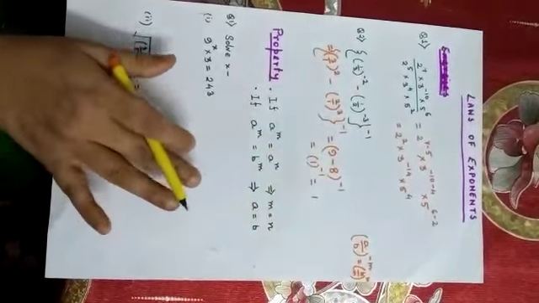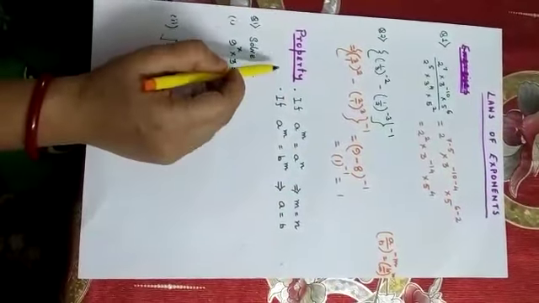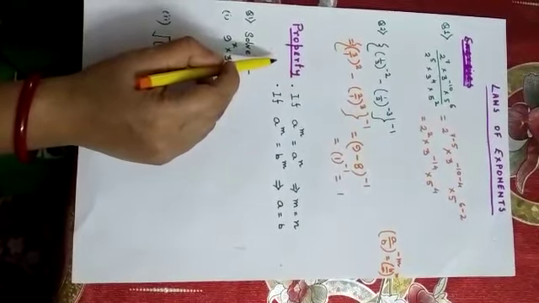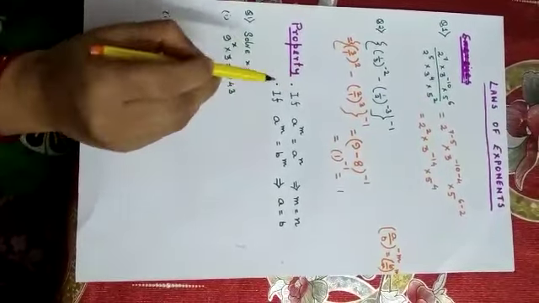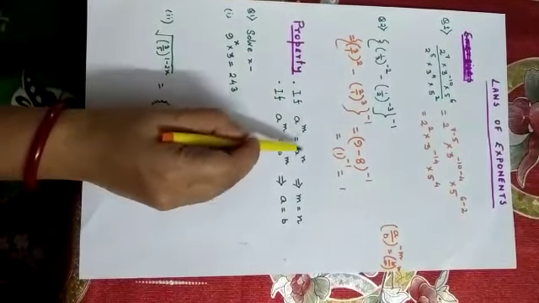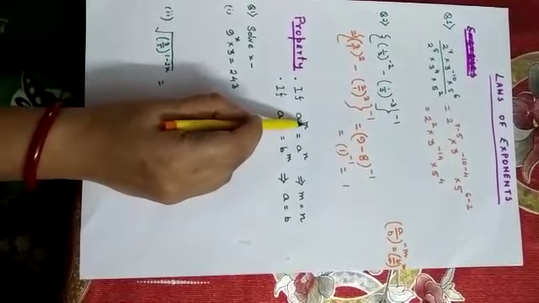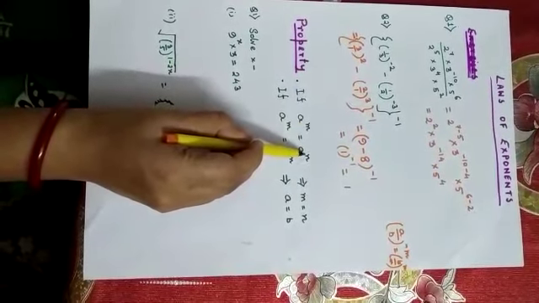Now we are using a very important property to find the value of x. The property says that if the bases are same, powers are different, and there is an equal to sign in between them, then the powers are same.